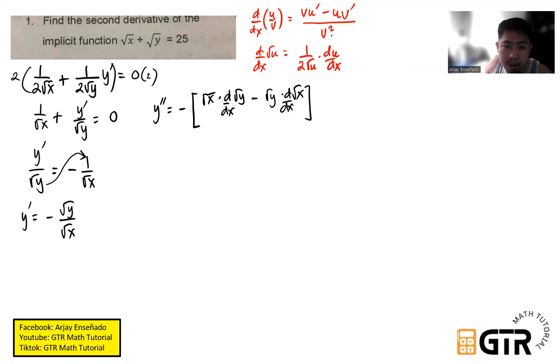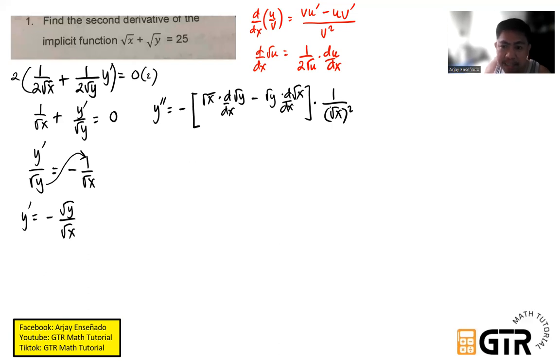All over v squared is the same as multiplying by 1 over v squared. The denominator is square root of x squared. So if you divide by the denominator square, that's the same as multiplying by 1 over square root of x squared.